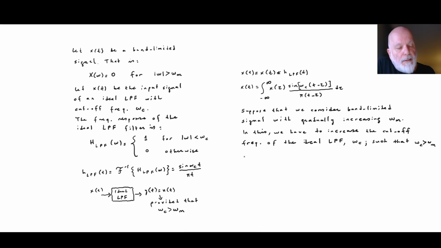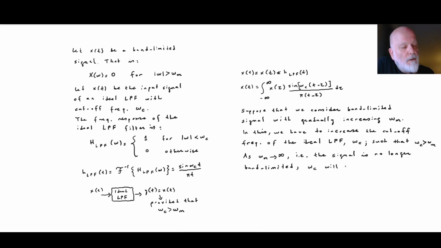So as omega m tends to infinity, that is, the signal is no longer band limited, omega c will also tend to infinity.